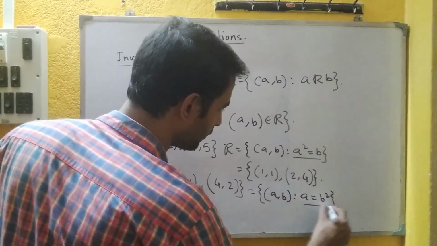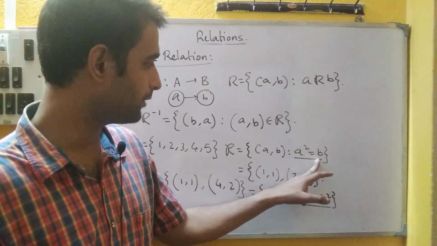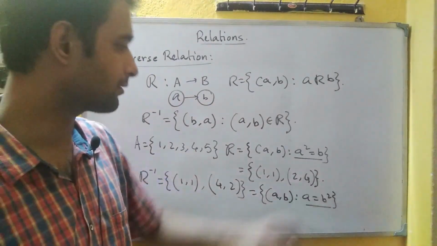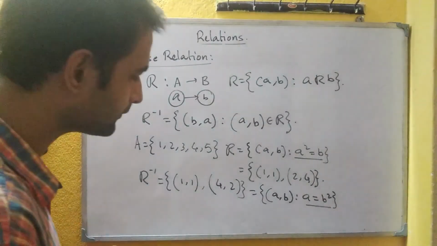So see, there is a change occurring in the relation. If R was A square equals to B, then R inverse will be A equal to B square. The positions of A and B are changing.